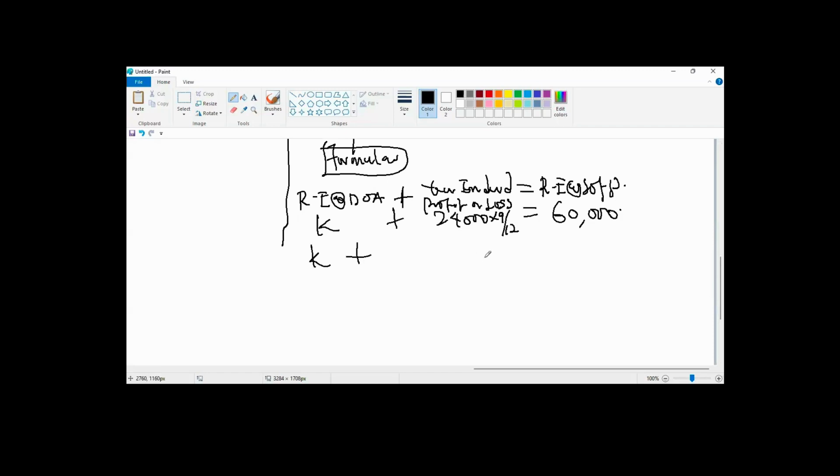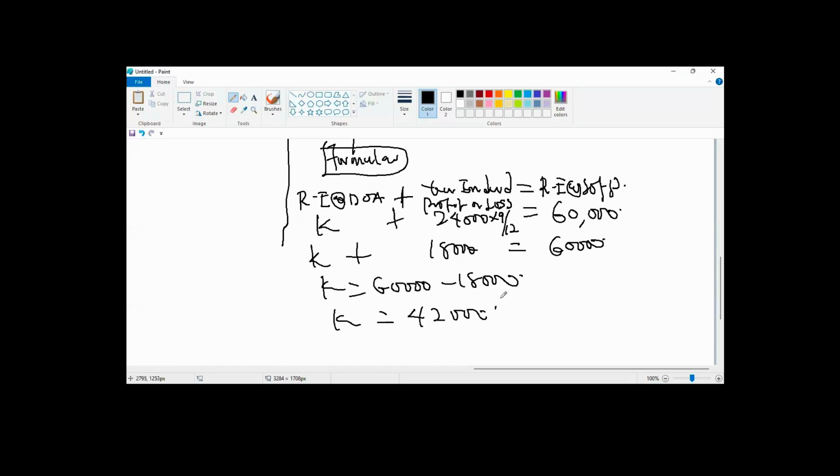What does it give us? 24,000 times 9/12 is 18,000. 18,000 plus K equals 60,000. So K equals 60,000 minus 18,000. What is our K now? 60,000 minus 18,000 is 42,000. That is my retained earnings at the date of acquisition.